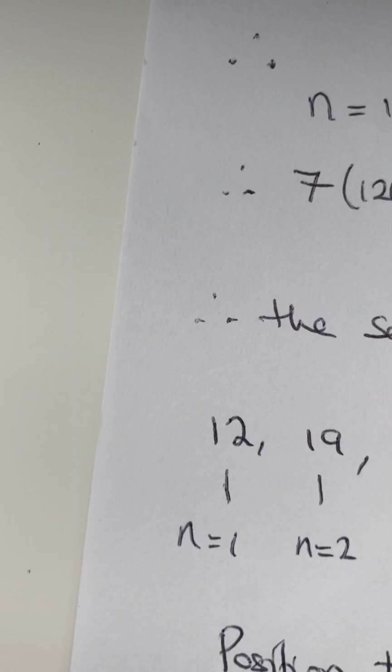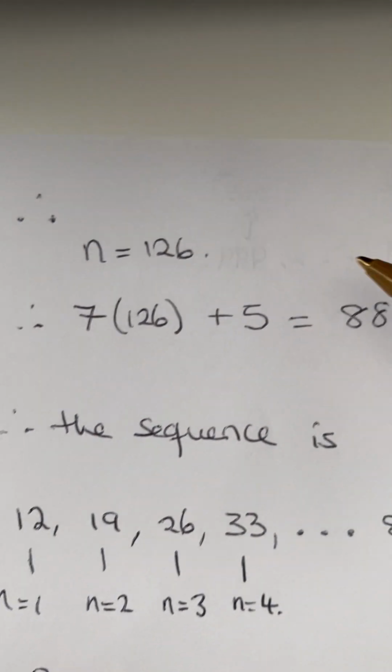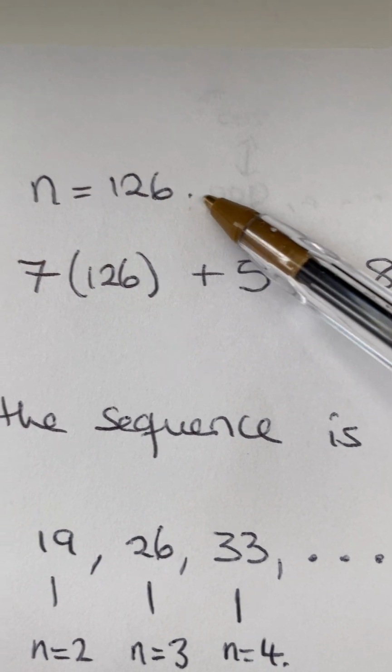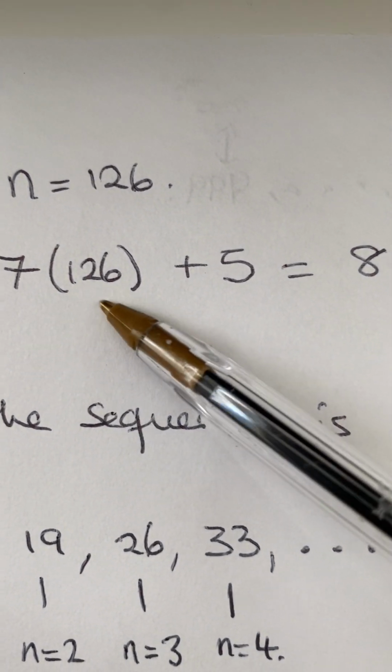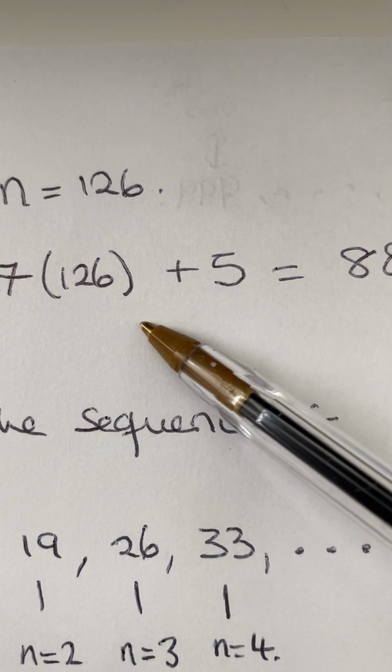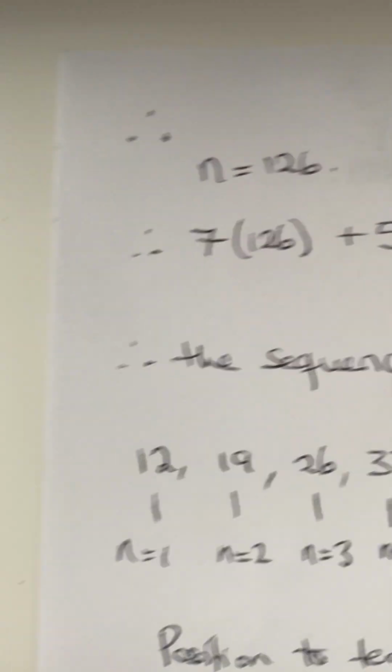And when we tested it, we realized that yes, so we can find n equals 126. So 7 times 126 plus 5 is 887.